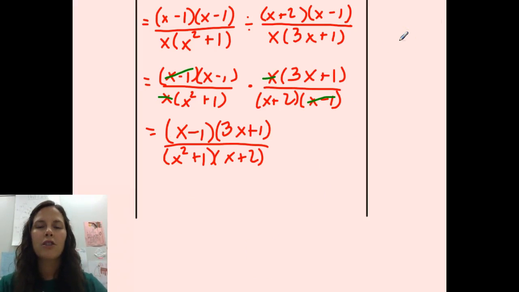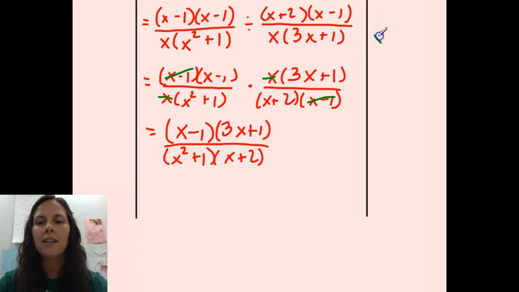For the domain restriction on this one, we have to look at what was in the denominator before and after we flipped. So we have lots of different pieces to keep track of on this one for our domain restriction. First of all, before we flipped, we had the x and the x squared plus 1 in the denominator on that first expression.